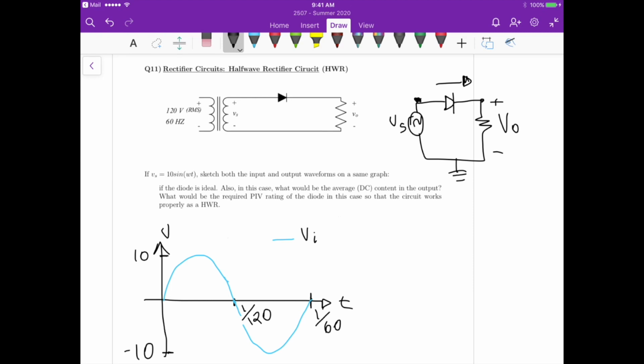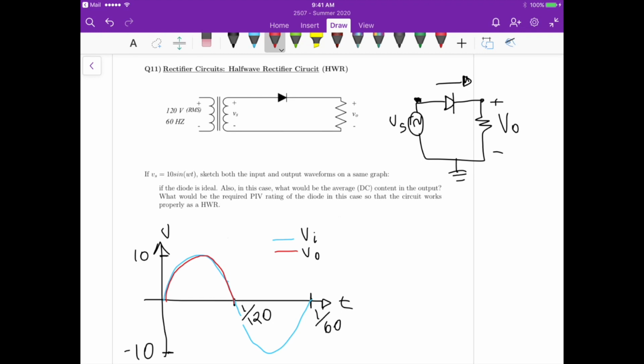So if we look at the entire period for the input voltage, the only region where Vs is positive is the first half cycle. So this would be exactly the output voltage for this half cycle. On the second half cycle, Vs is always negative, so the ideal diode would be reverse biased.